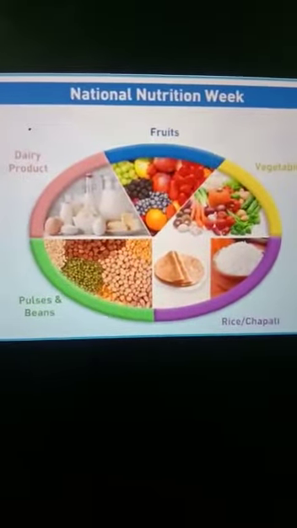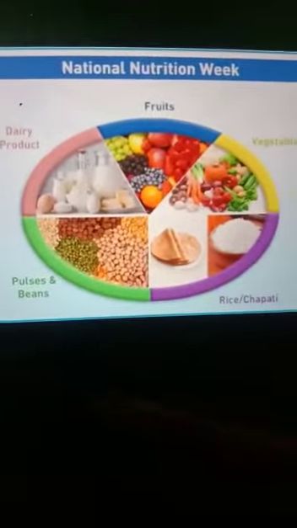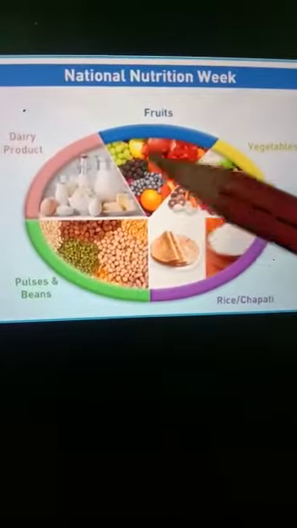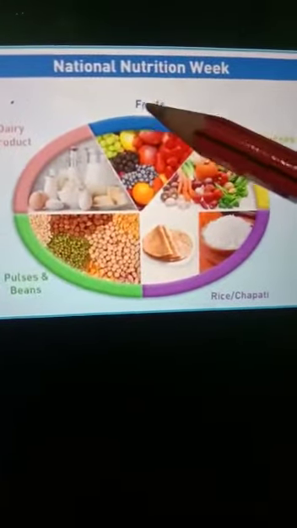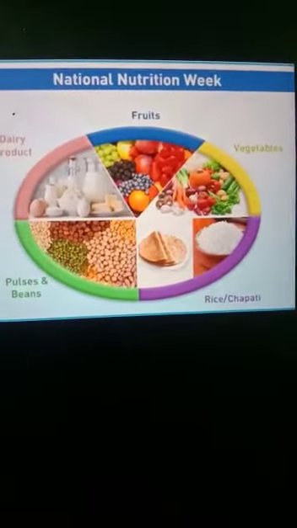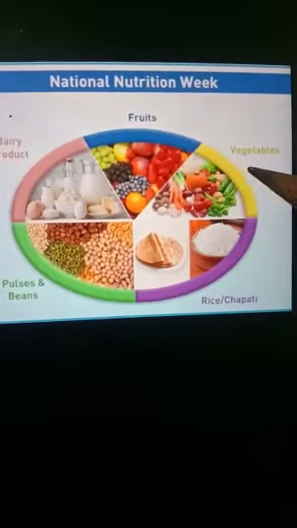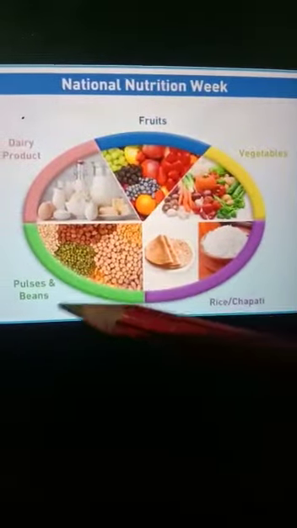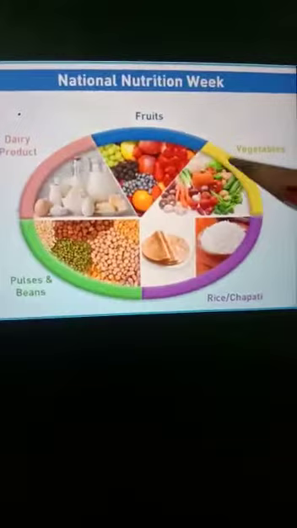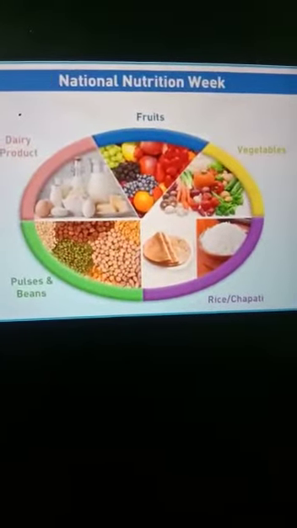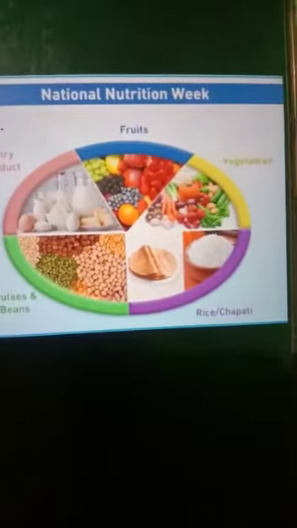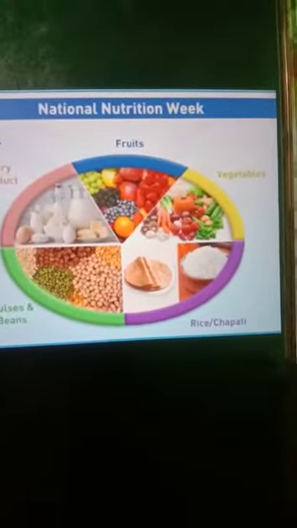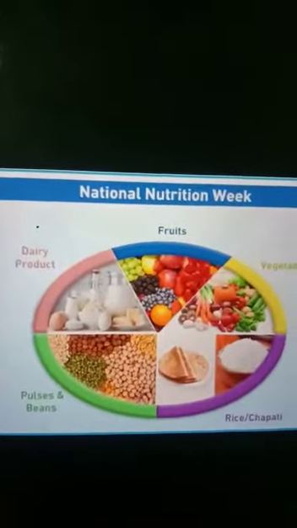Okay, and we have to see and follow it very carefully because this is a complete food chart, like what we have to eat in our daily life: fruits, vegetables, rice, chapatis, pulses and beans and dairy products. If we have it daily, our body gets protein, all nutrients, calories, minerals, vitamins, everything, and we feel healthy after this.